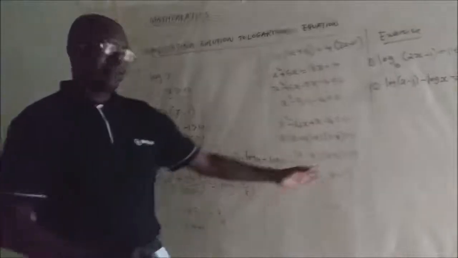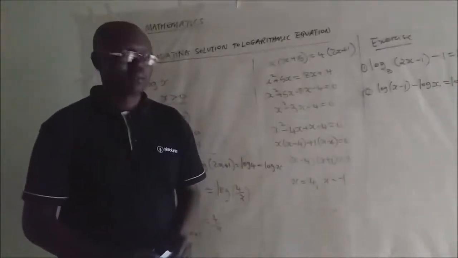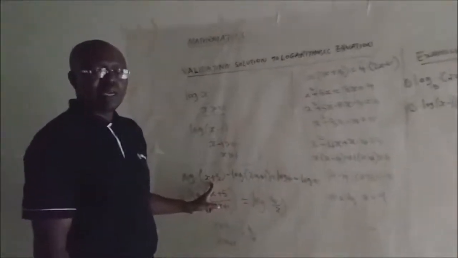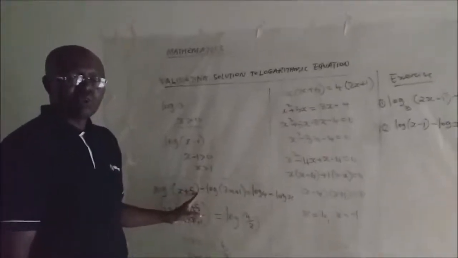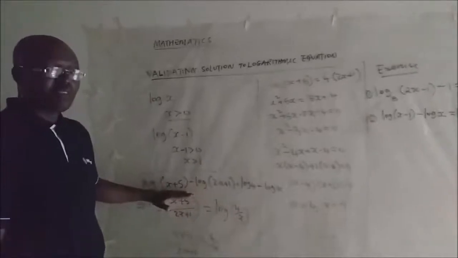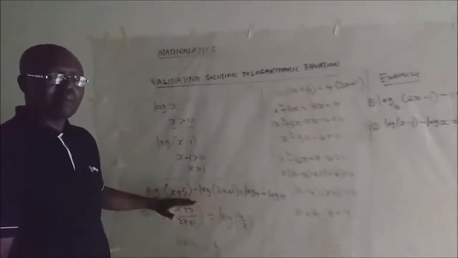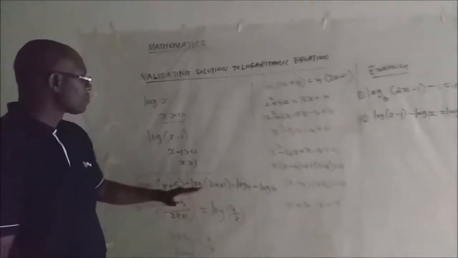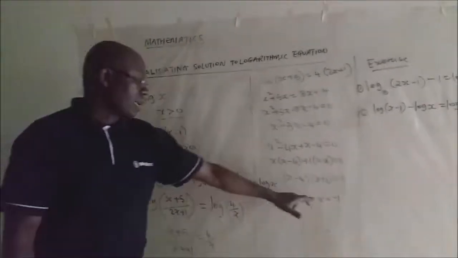Let us try x equals to negative 1. If I put x equals to negative 1 here, I will have log of negative 1 plus 5, which gives me log 4. And the argument is 4, which is positive. So x equals to negative 1 has passed the test on this argument. We bring it here. x is negative 1.